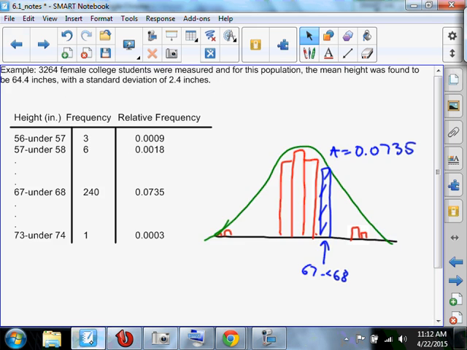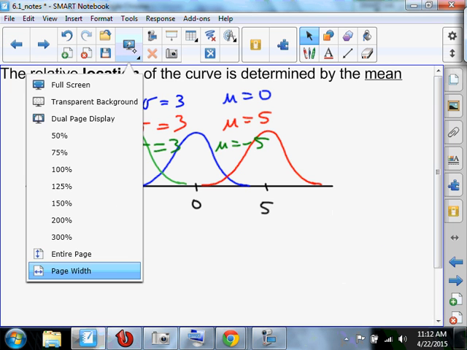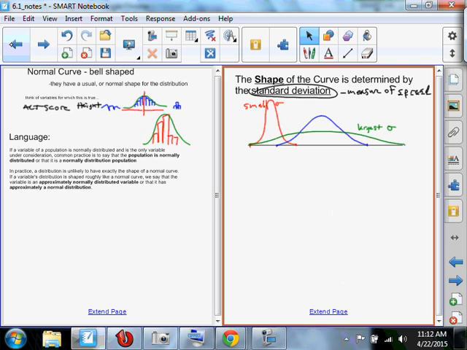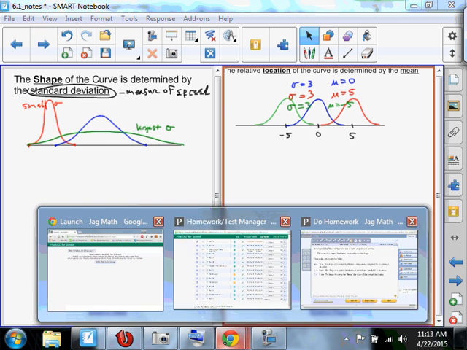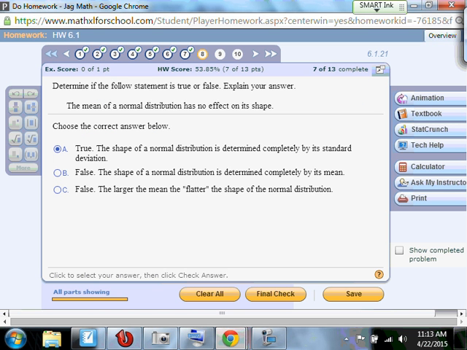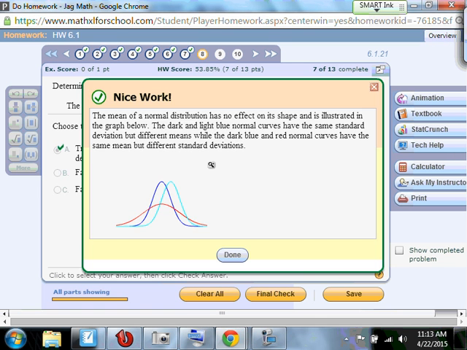So to be real clear, the mean doesn't affect the shape, but it does affect the location, okay? So this question is asking, does the mean affect the shape? No, the mean doesn't affect the shape, but it does change its location, okay? So I think we're okay on that one.